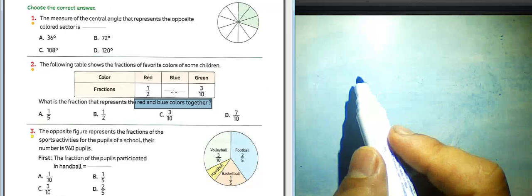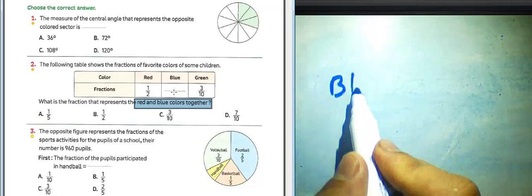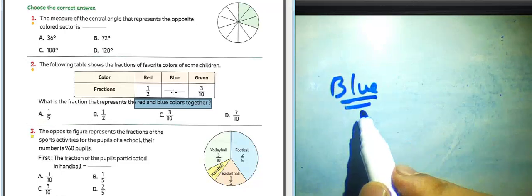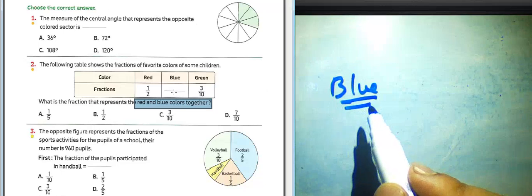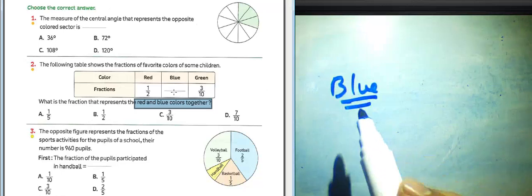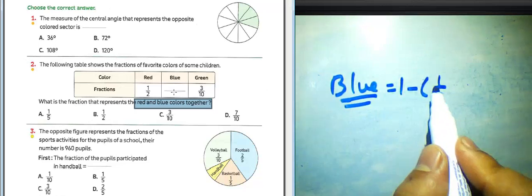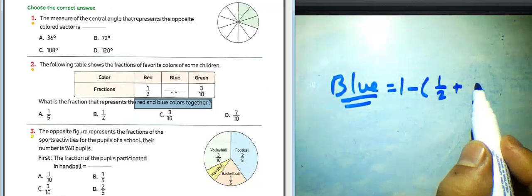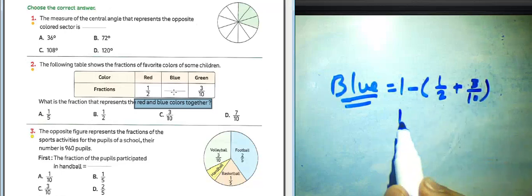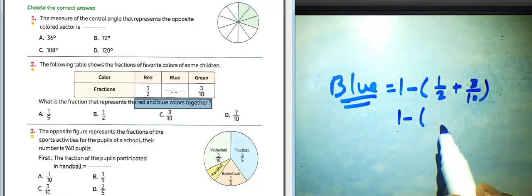So we must find the number of students whose favorite color is blue. It will be what? 1 subtract the total: 1 over 2 plus 3 over 10. 1 subtract 1 over 2 plus 3 over 10.